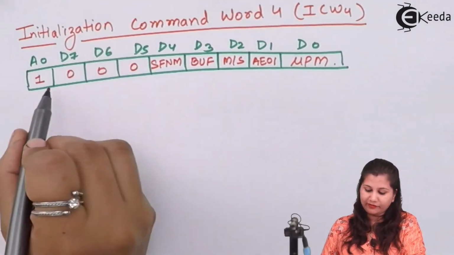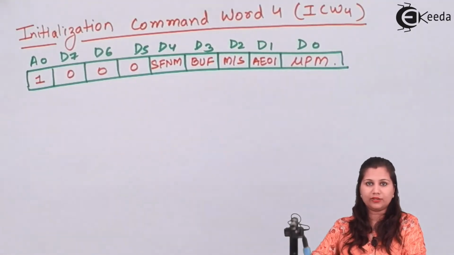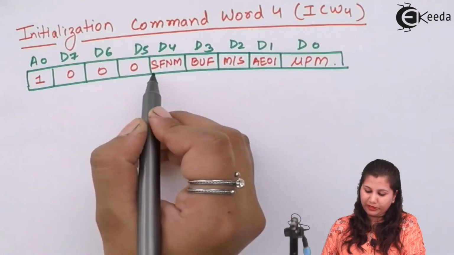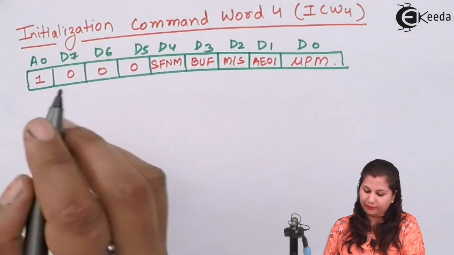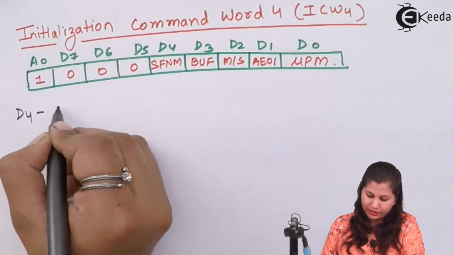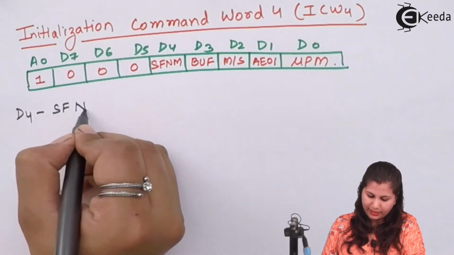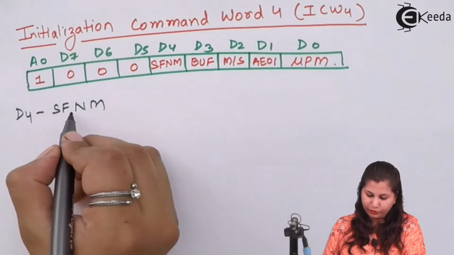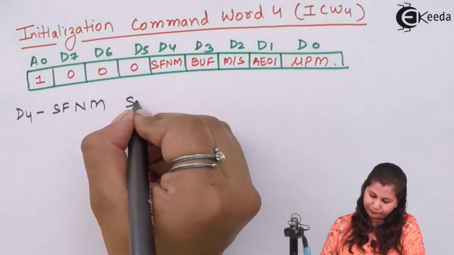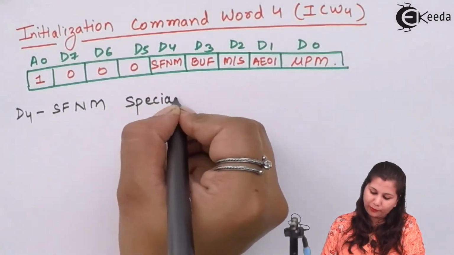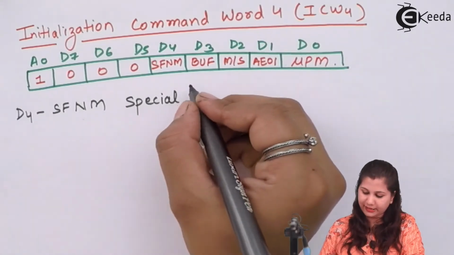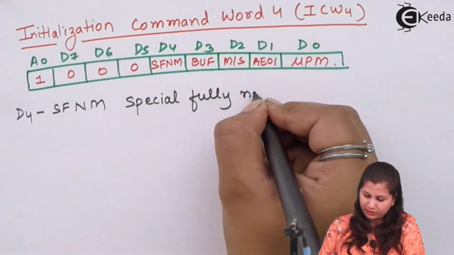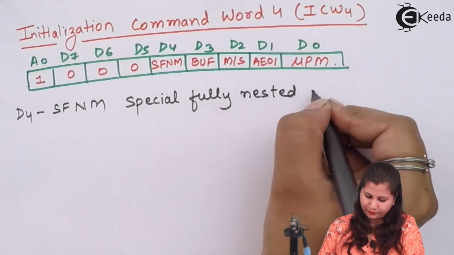D7, D6, D5 are always at logic 0. Their value is set. Okay. Then we have the D4 bit, which is for SFNM. The full form of this is special fully nested mode. This is one of the modes of operation of the 8259 IC.